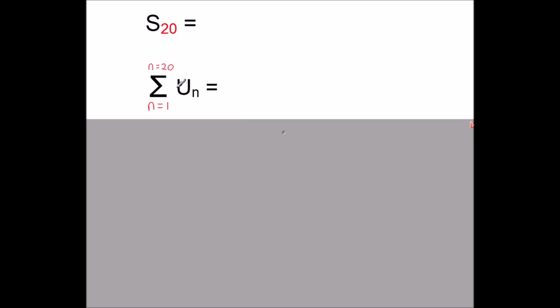Un represents any term in the series, so we want to work out the sum of all the terms from the first term up to and including the 20th term. So it would be like this: u1 plus u2 plus u3 plus all the way up to u20.